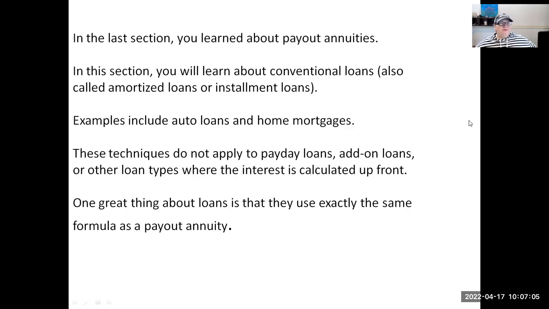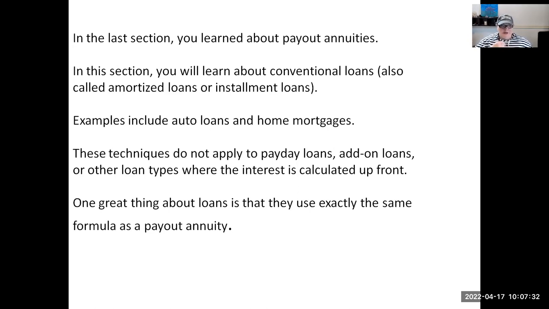In the last section, you learned about payout annuities. In this section, you will learn about conventional loans, also called amortized loans or installment loans. Amortized just means that it's paid in individual installments, basically.